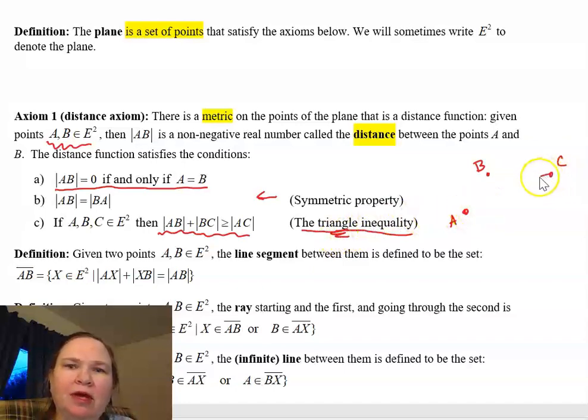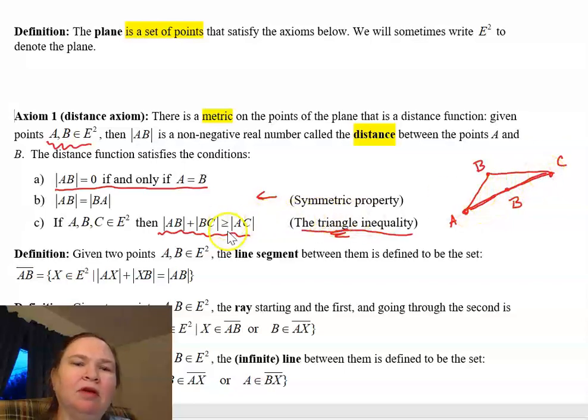The distance from A to C is going to be smaller than or equal to the distance from A to B plus the distance from B to C. So there's my triangle: going from A to B plus going from B to C is longer than going from A to C, or in that special case where B is on the shortest path, then it might be equal. So it's either greater than or equal to.